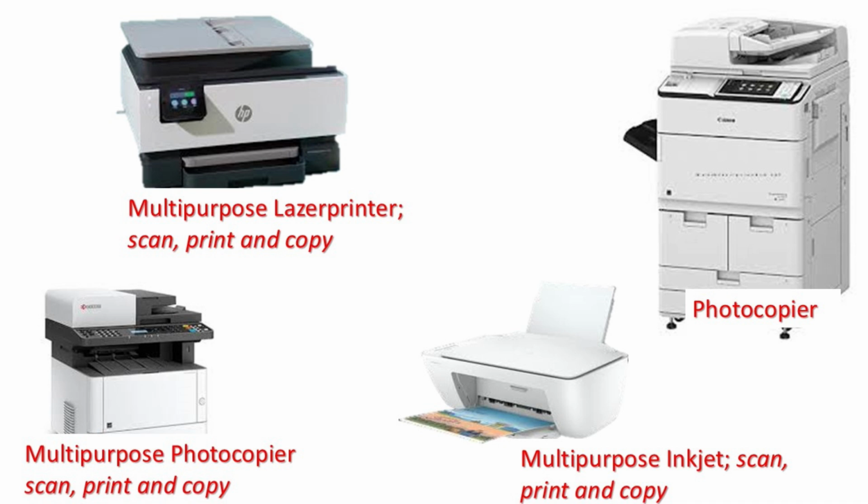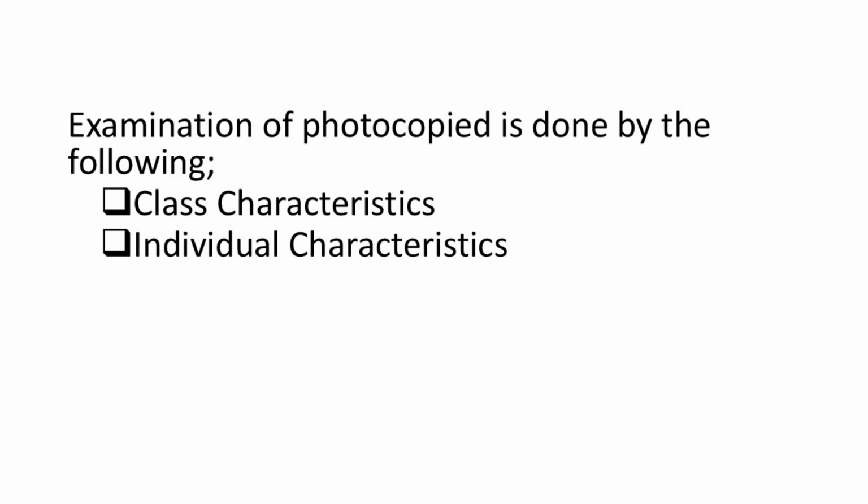In every identification process, there are two things that must be considered. The first is class characteristics, and the second is individual characteristics. In class characteristics, we consider things like the paper type used for the production of that document. We consider the type of toner used, or whether ink was used.